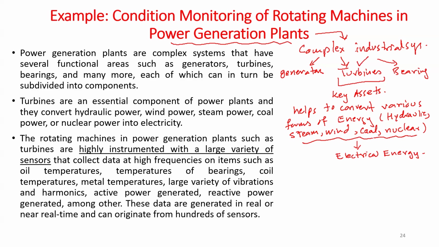Turbines also come with a very large number of sensors, and each sensor gives us different information. For example, the temperature of the bearings, the coil temperature, oil temperature, metal temperatures, vibrations, harmonics, active power generation, reactive power, and so many things.